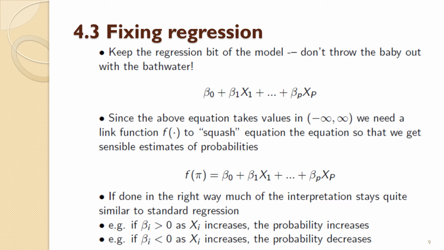So if beta i is greater than 0, then as xi increases, the probability increases. And similarly, if beta i is less than 0, then as xi increases, the probability decreases. So any change that occurs happens to the probability of y, not to the y variable itself necessarily.